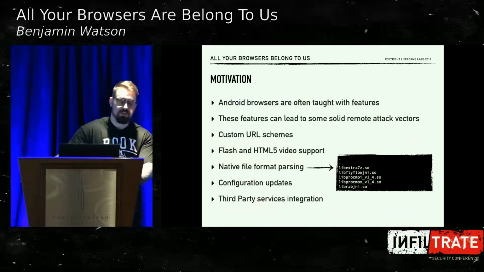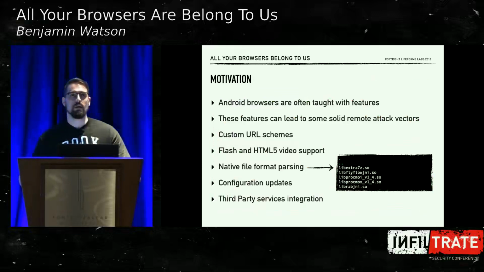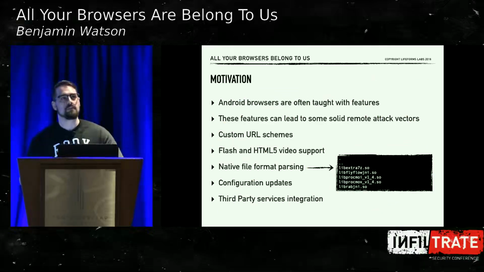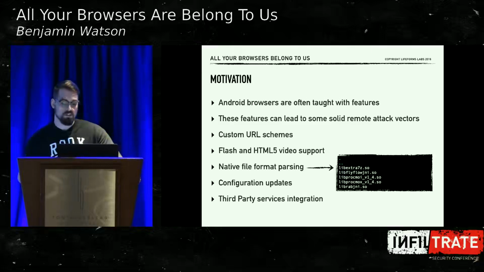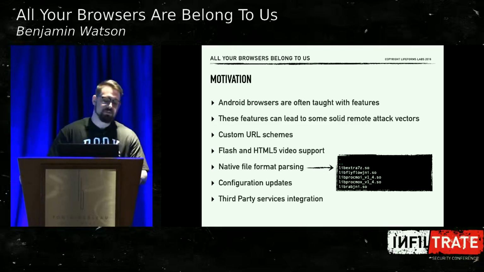Android browsers are often touted with features, not necessarily the Chromes and the Firefoxes of the world, but the alternative ones. They always have something that makes them better than their competitors. In general, this builds and saturates the overall attack surface of the browser, and, as we'll demonstrate today, it builds very solid remote attack vectors. Some of these features could be custom URL schemes, or Flash or HTML5 video support.